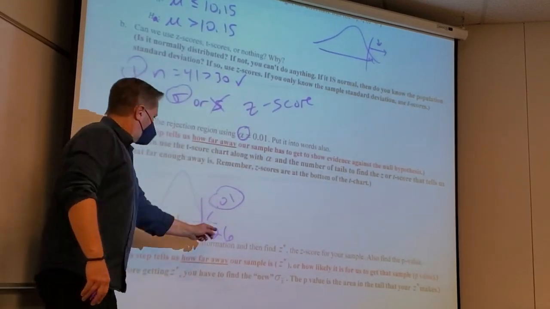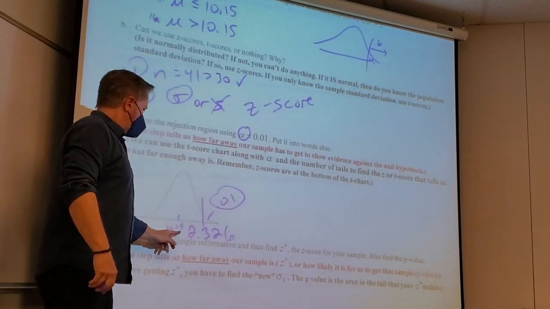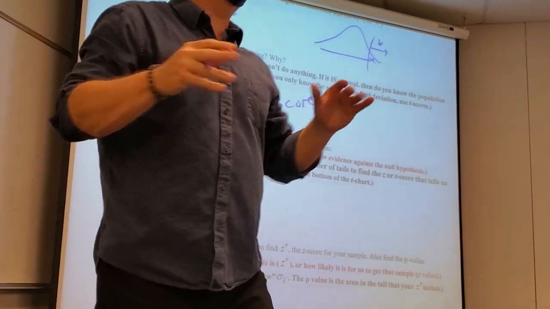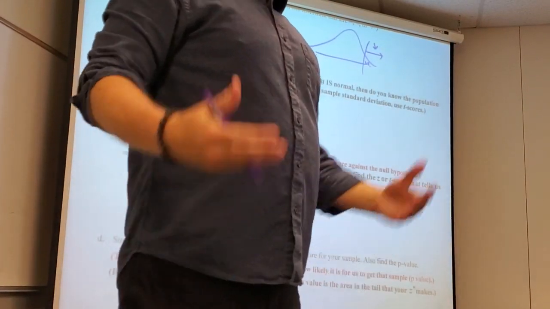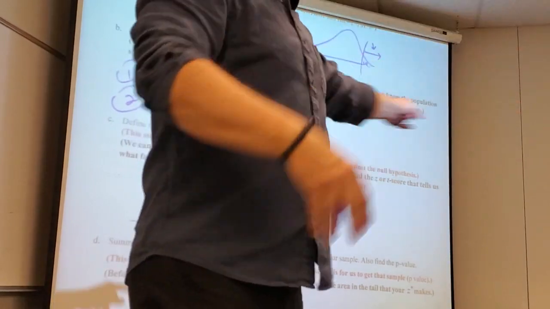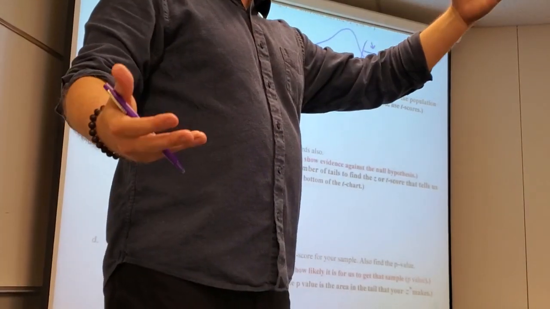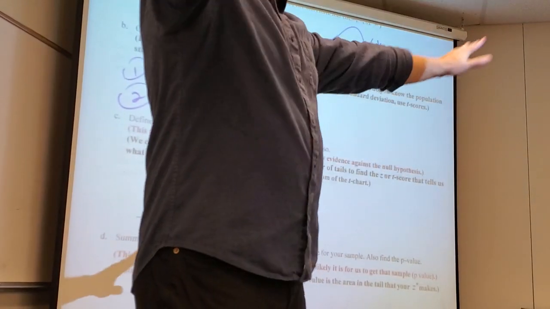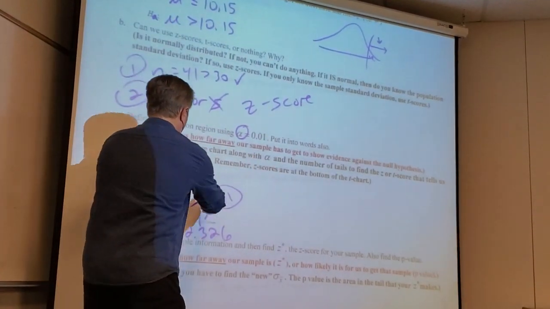So if I get a sample up here, what's more likely? The mean really is 10.15 and I just did something that had a 1% chance of happening, or the mean is actually higher? What's more likely is the mean is higher. It's only a 1% chance that the mean is correct if I get a sample that's in there. So it's more likely the mean is wrong. It's actually higher. This whole thing should shift up.